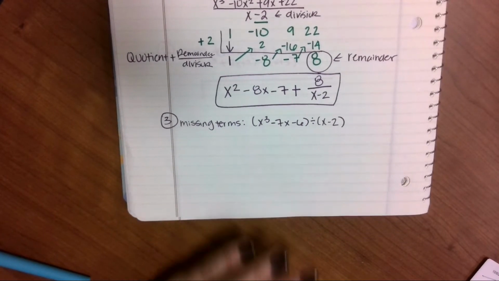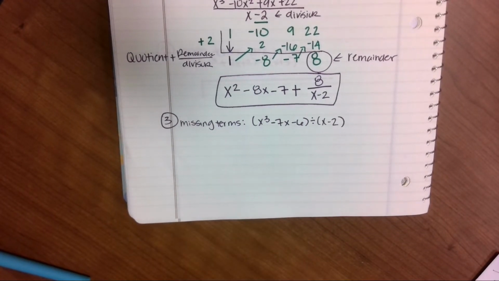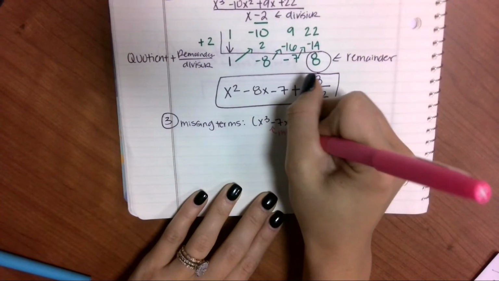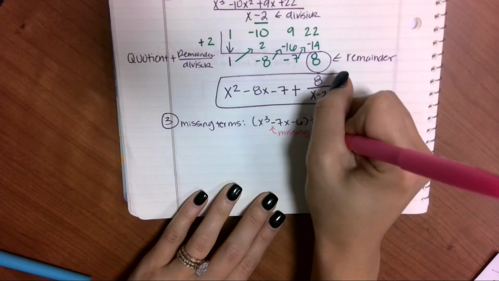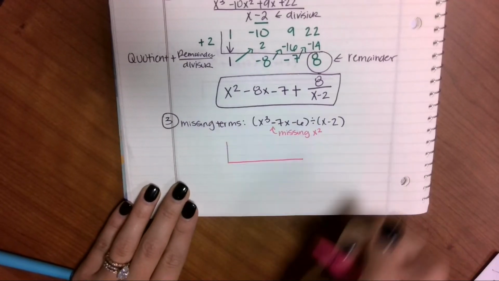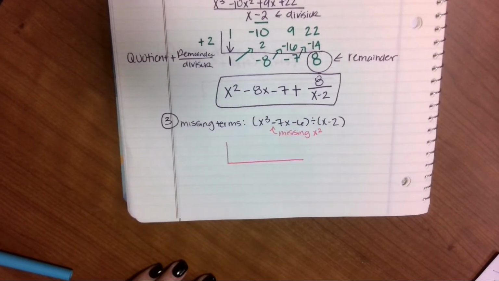What term am I missing? I'm missing the x squared. So whenever I go to write it in, I'm just going to plug in a 0 where the x squared would be.